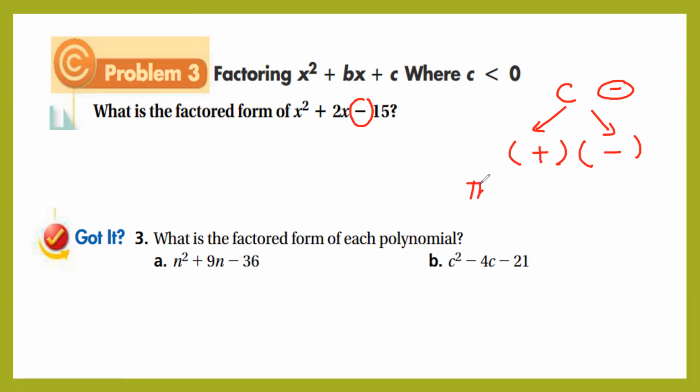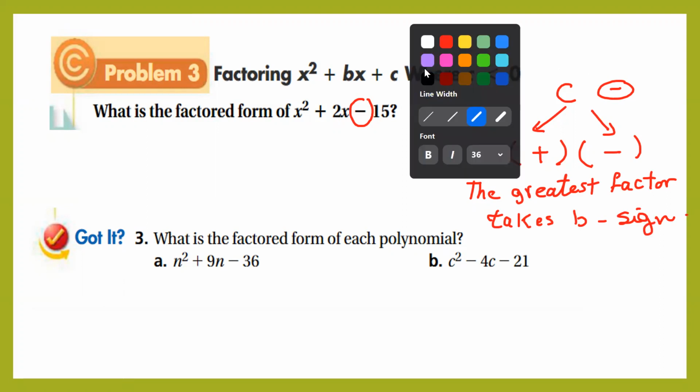And the greatest factor takes the B sign. Okay, this is the rule if C is negative.